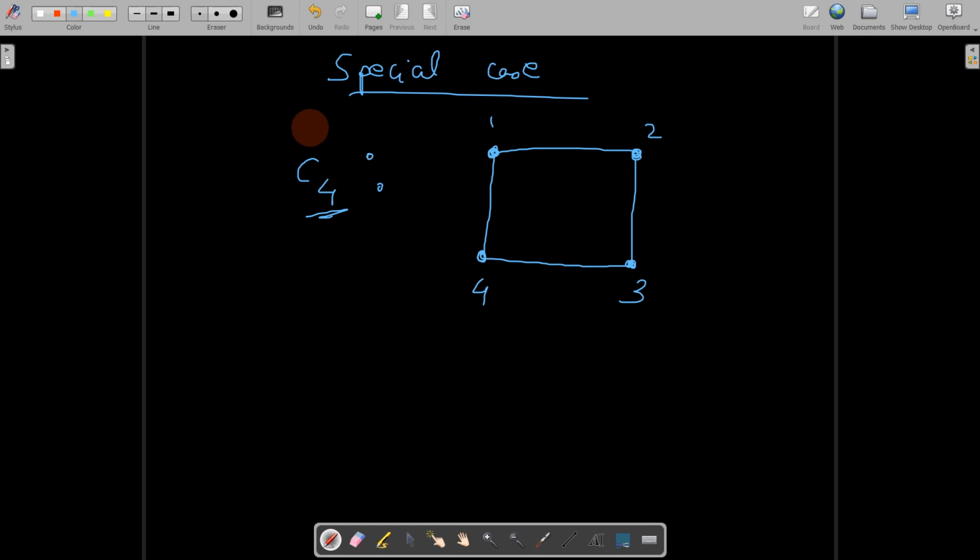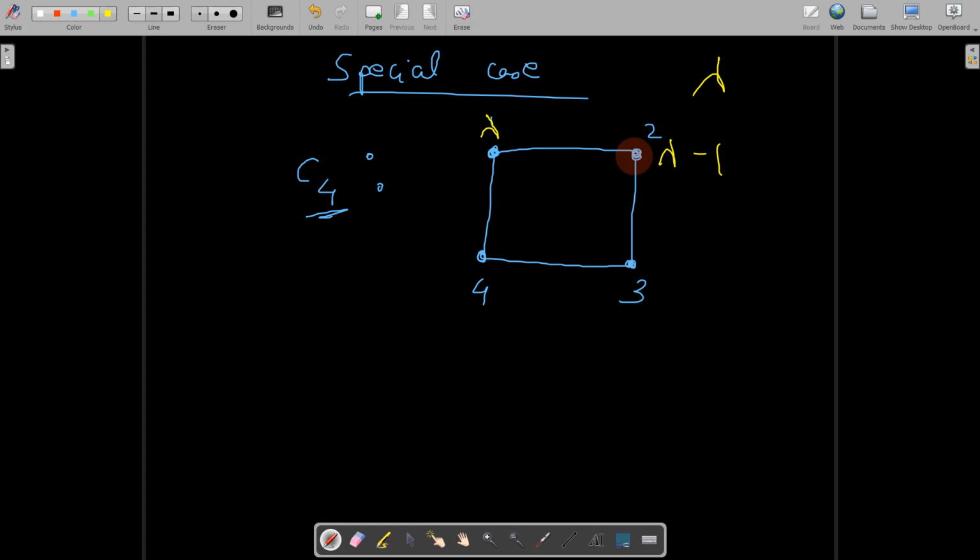Now, if I don't know this special case, I will do it normally. Suppose you have a set of lambda colors. First, node number 1, I can color using any of the lambda colors. Node 2 cannot get node 1's color, so it will have lambda minus 1 choices.